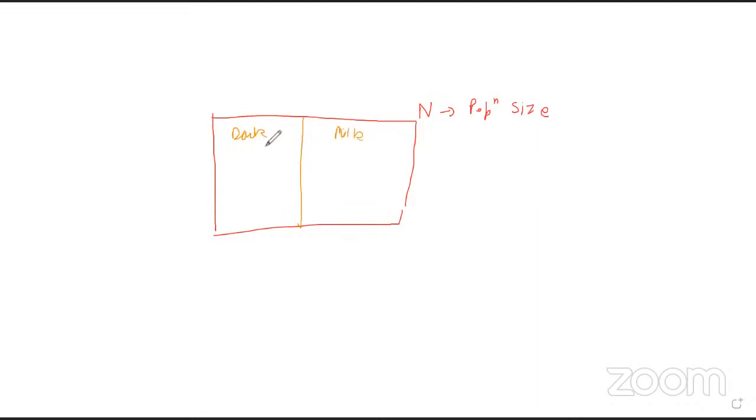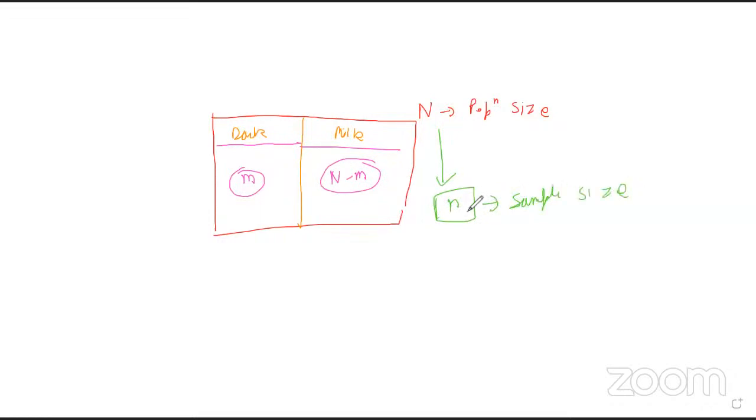We are interested in dark chocolates, right? So assume that small m chocolates are dark and the remaining capital N minus m are milk. Now out of these, we are drawing small n elements. This is my sample size, right? I need to identify how many dark chocolates would be there in my sample, so X is the number of dark chocolates.